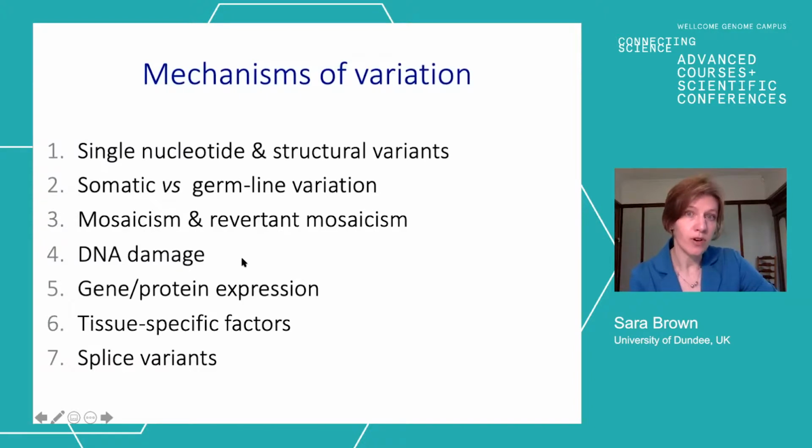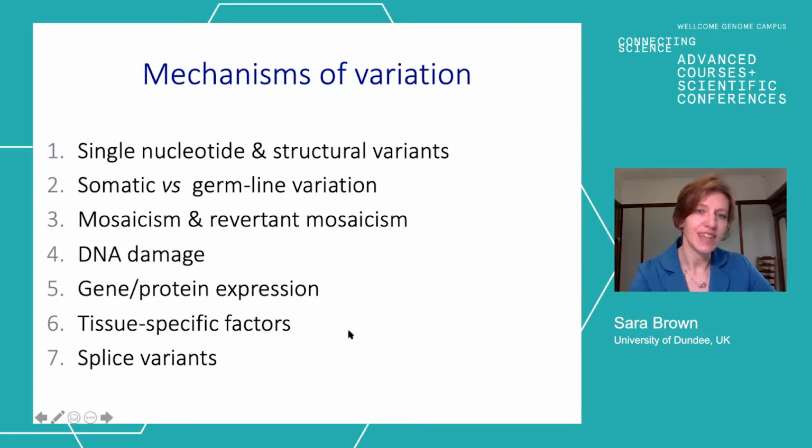DNA damage is an important source of variation that accrues through life. Not to be forgotten, especially in skin that is at the interface with a lot of UV damage and other environmental effects. I've mentioned gene and protein expression in different tissues. So control of gene and protein expression contributes to variation, and this can be context specific. And there are tissue specific factors.